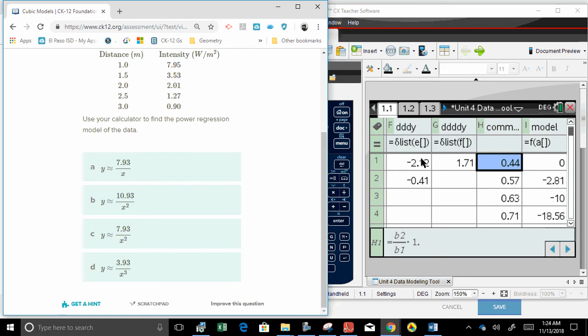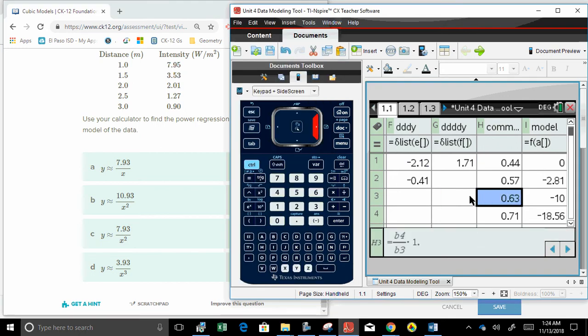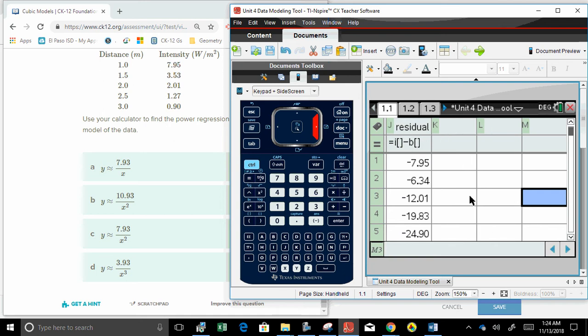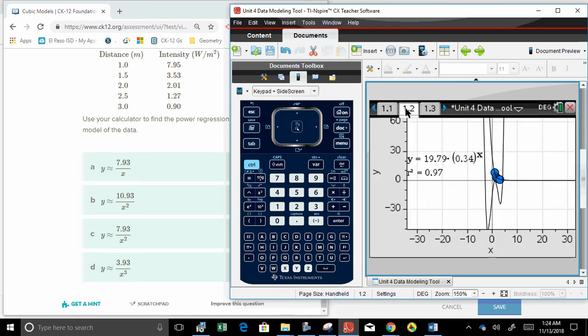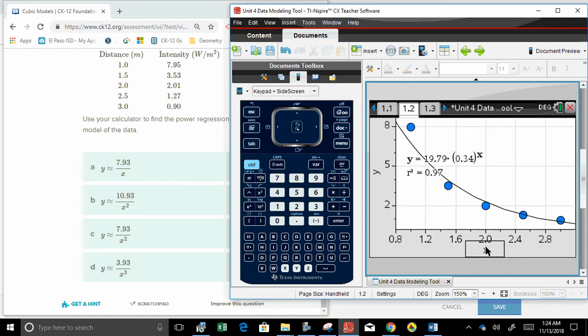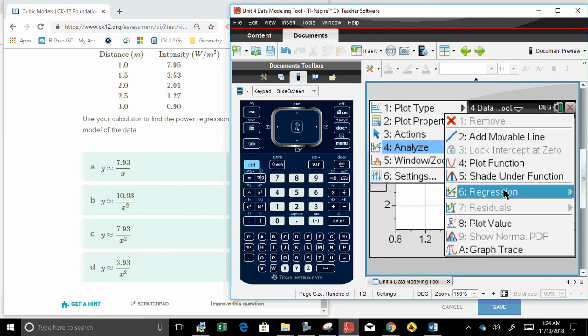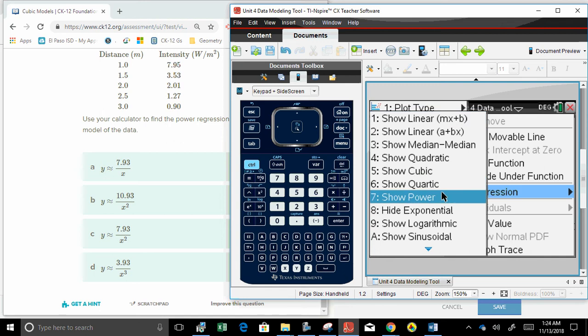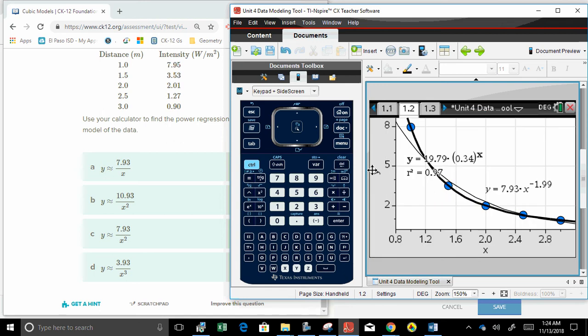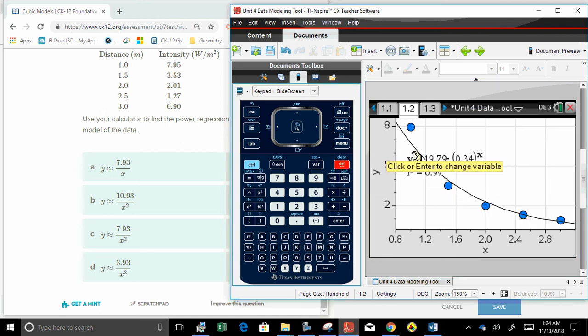So let's do the regression here on the side, or do it here. Show power and delete the other one.